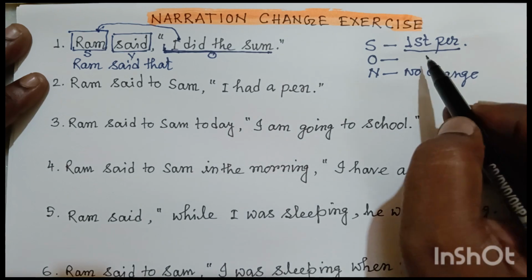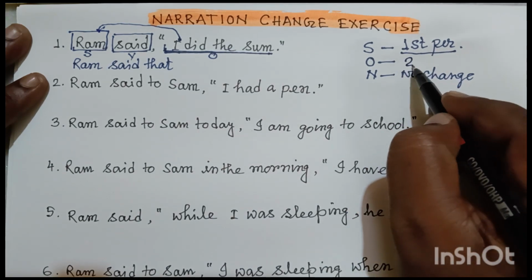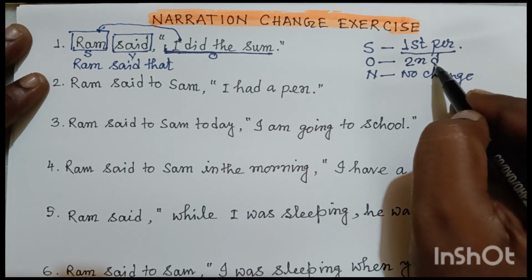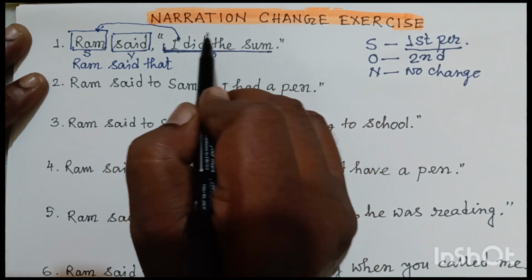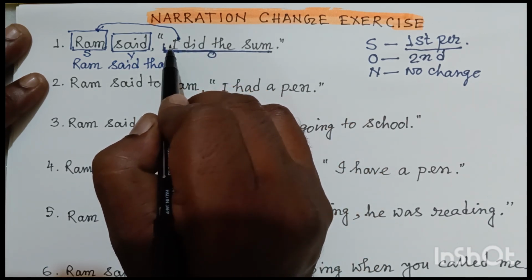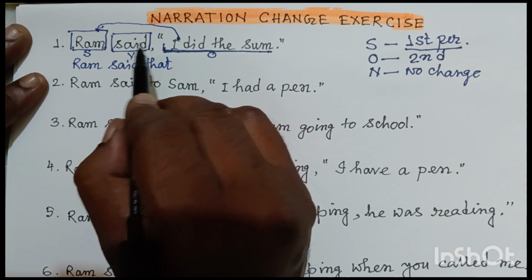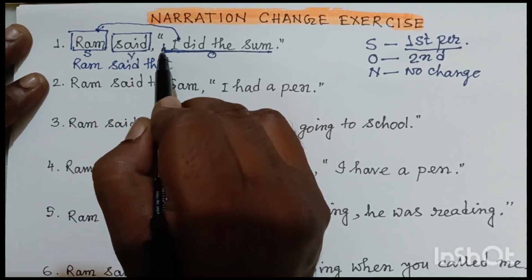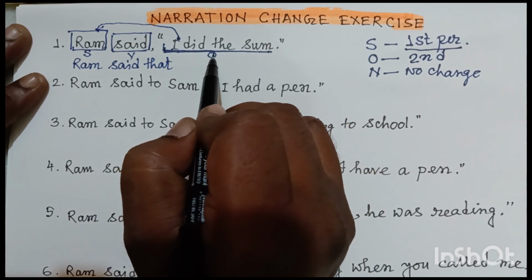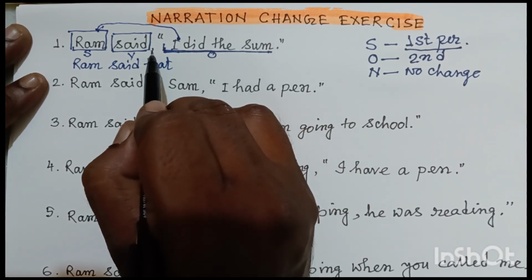And O, second person. My dear friends, if you see the second person in the reported speech, that will be changed according to the object of the reporting speech. Here in this sentence, there is only one object, that is the reported speech, so there is no such other object.